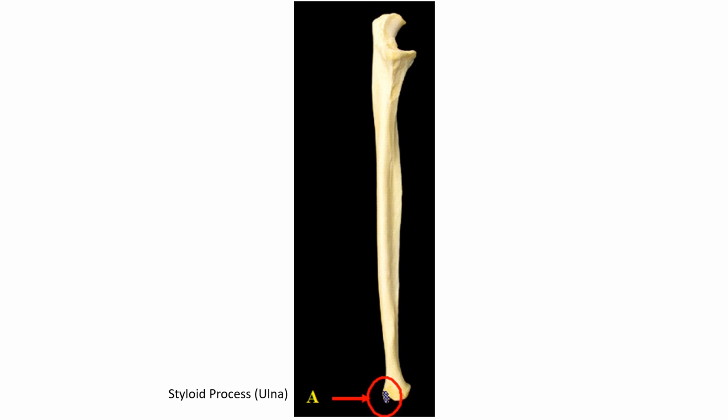We go down, the lower end is smaller than the upper end, and there are not as many features as in the upper end. In fact, there is a little process marked blue here inside the red circle, and it is called the styloid process of the ulna.